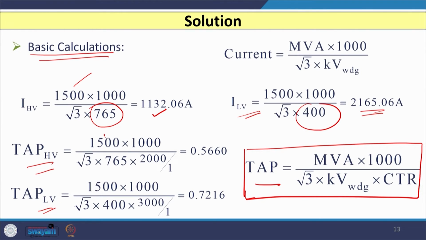Your MVA rating is 1500, then again the 1000, and in the denominator the only change is these two, 765 kV and 400 kV, and the CT ratio on HV side is 2000 by 1 and on LV side it is 3000 by 1. So, you will have the values of these two. These four values, current on HV and LV sides and tap on HV and LV sides, we will use in all four cases.